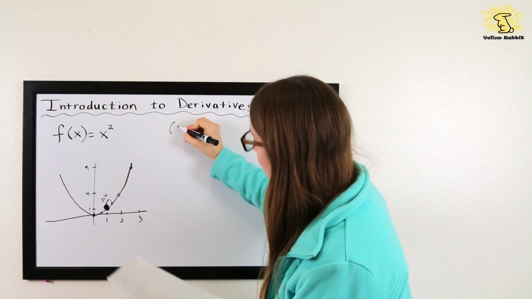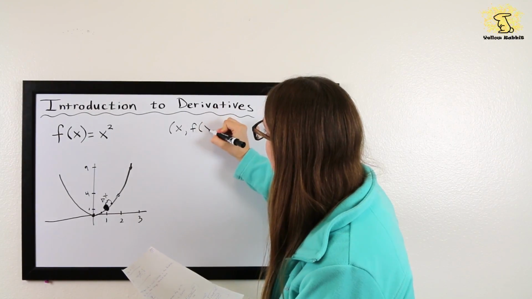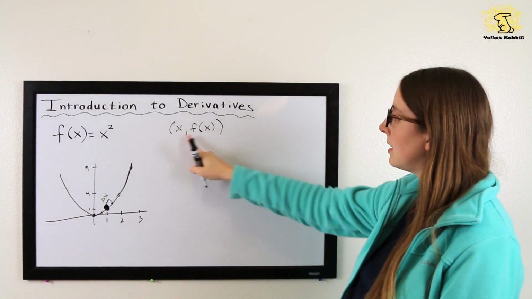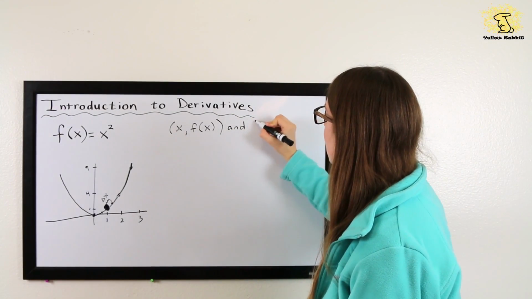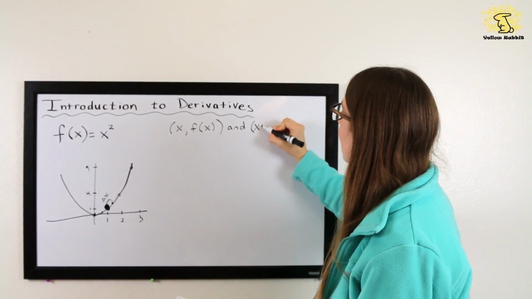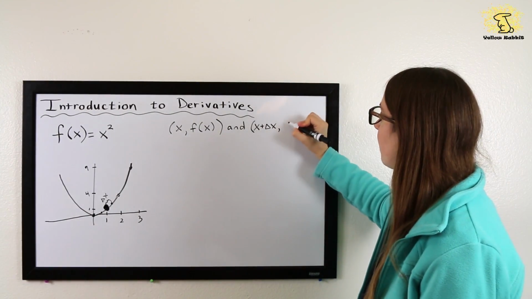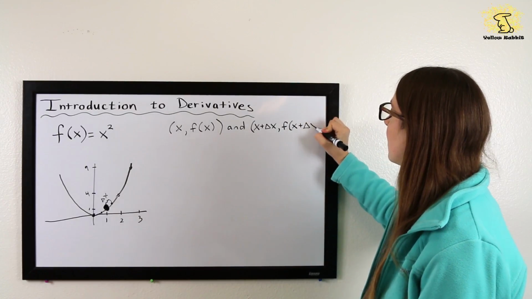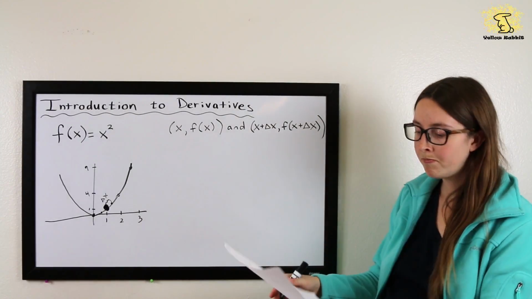In the most general form, this would look like finding the slope between one point, x comma f of x, and a second point, x plus delta x, that small change, comma, f of x plus delta x, again that small change.